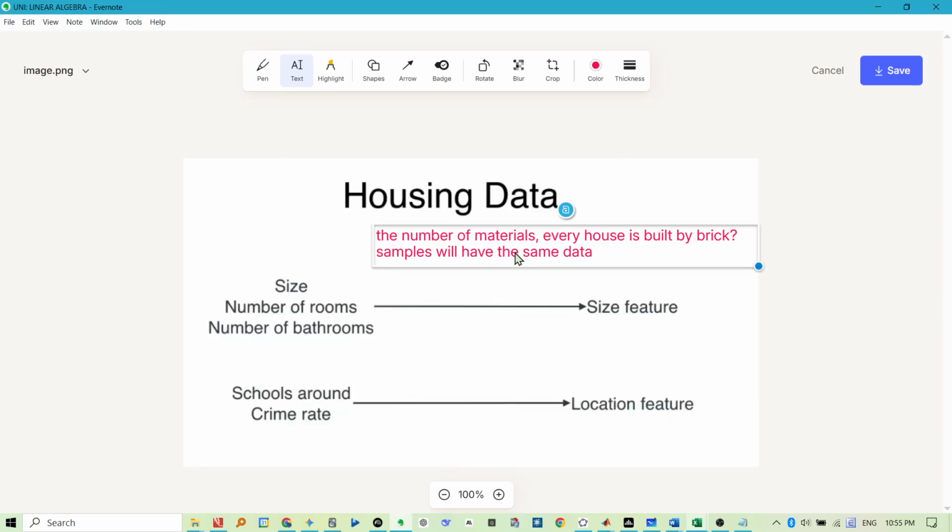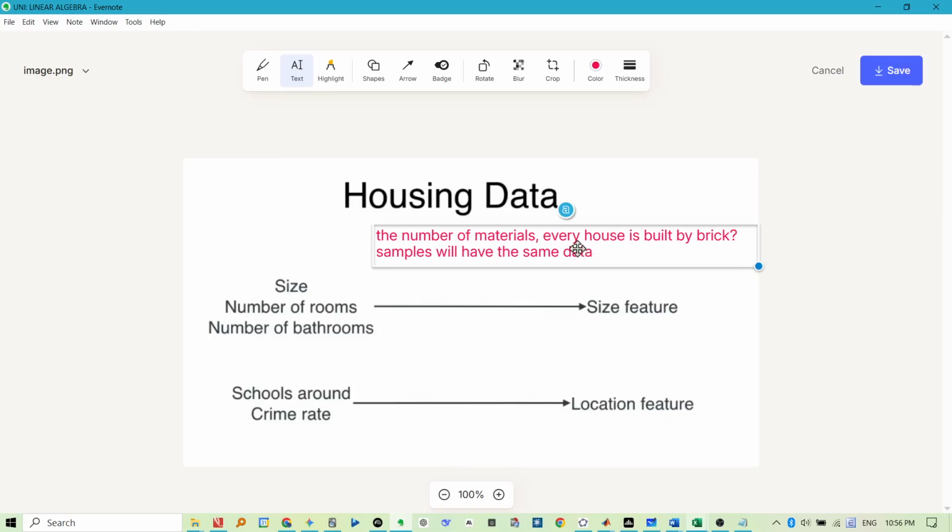Sample 1 brick, sample 2 brick, sample 3 brick. That is what I mean by the data will be less varied when you choose the wrong PC.